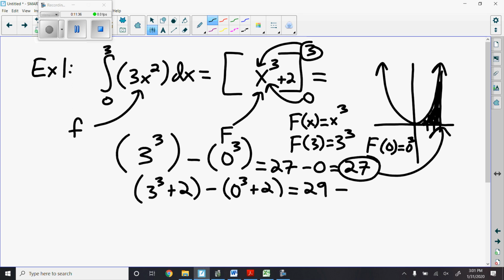Minus 0 cubed plus 2 is 2. And notice I still come out with an answer of 27. I just made it harder on myself than I needed to. So it's always going to make sense to have our C value be plus 0, right? Because that plus 2 is being added at the beginning but always subtracted away at the end. Okay? So just keep that as x cubed.